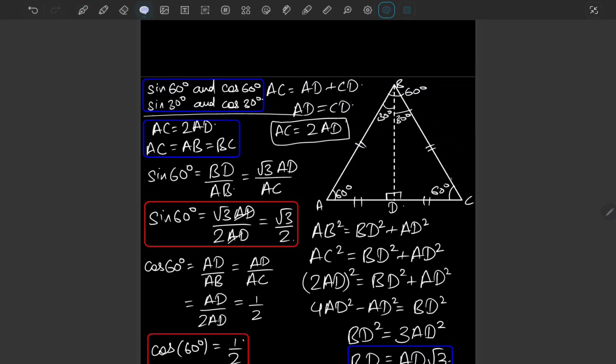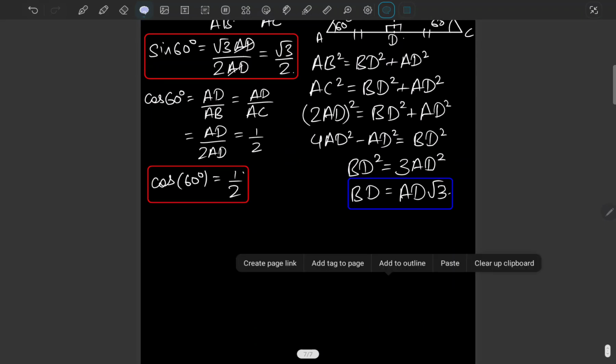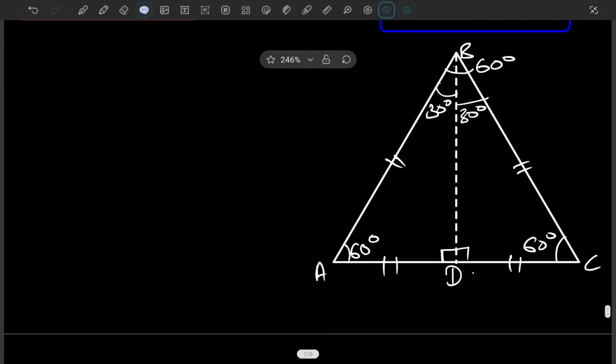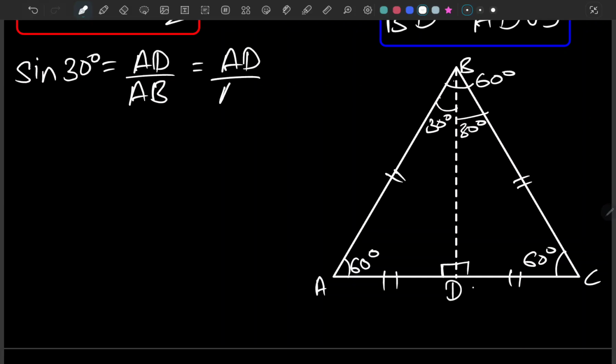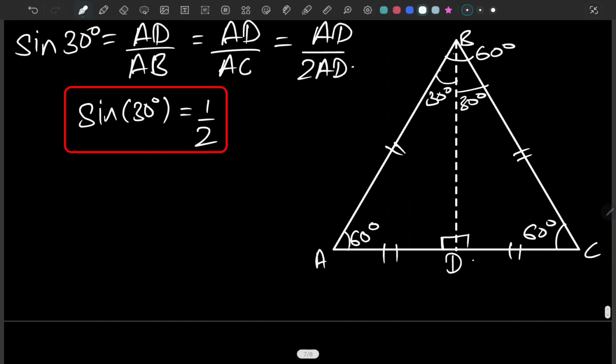So for sine of 30 degrees, it's AD over AB, and we have AB equals AC, and AC equals 2AD, and hence sine of 30 degrees comes out to be 1 over 2. Wow, isn't this amazing?